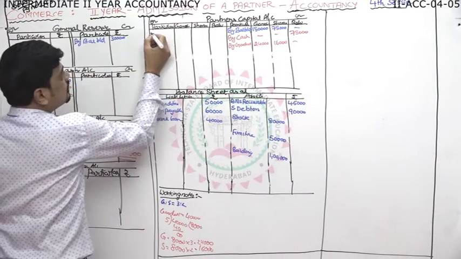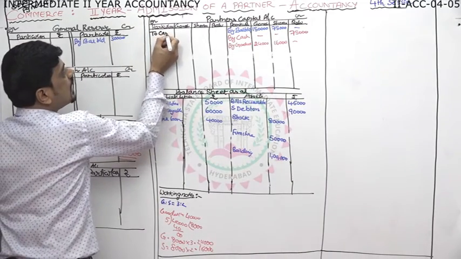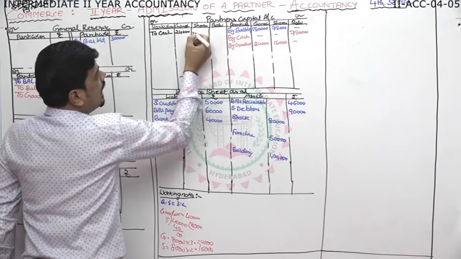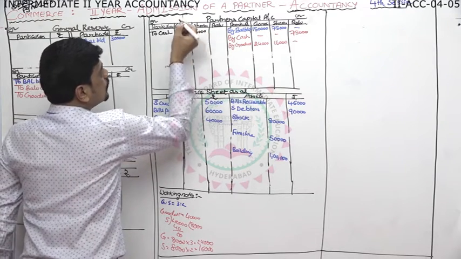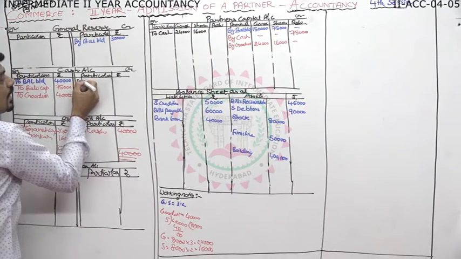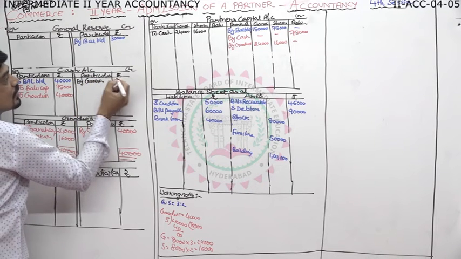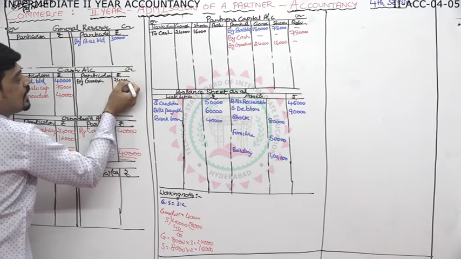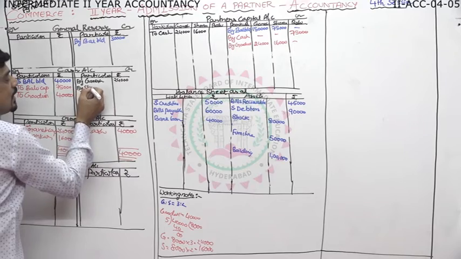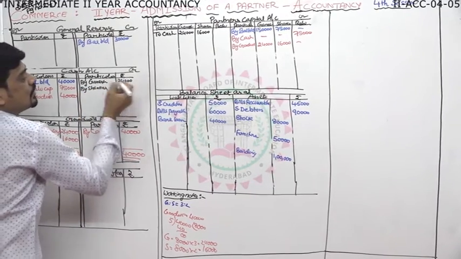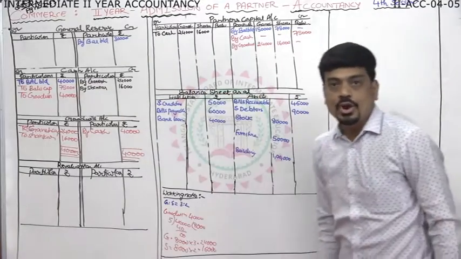So debit side to cash. Keep in mind, Ganesh's share was 24 and Shankar's was 16. So in cash account, credit side, by Ganesh 24,000, by Shankar, who has withdrawn 16,000. This is goodwill withdrawn here.